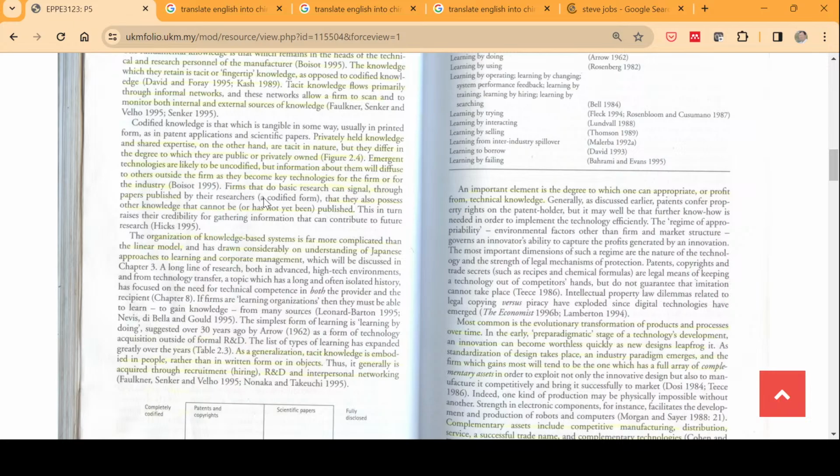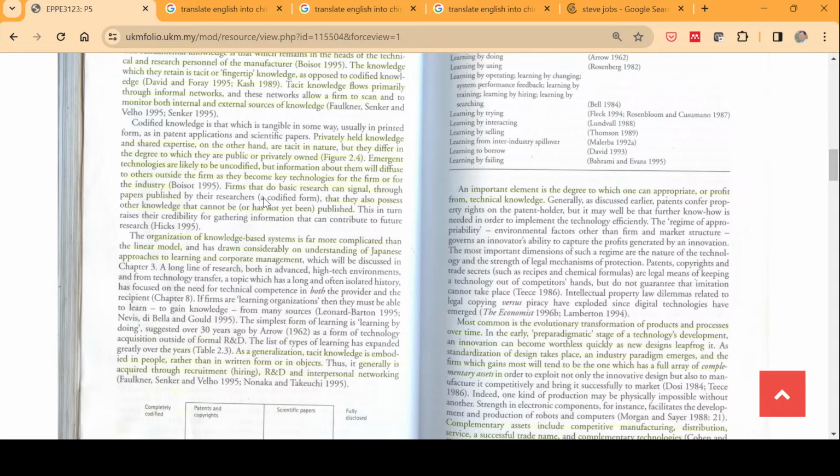So here is a generic diagram. Here, this corner is really the combination of whether privately owned or publicly owned, and here completely tacit and completely codified.